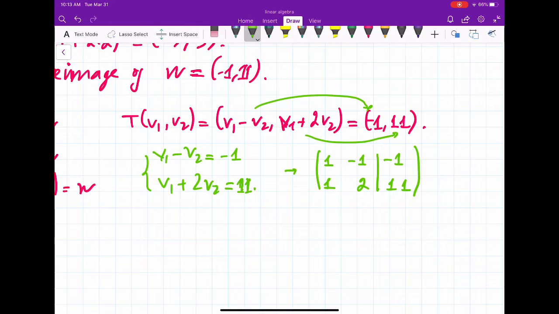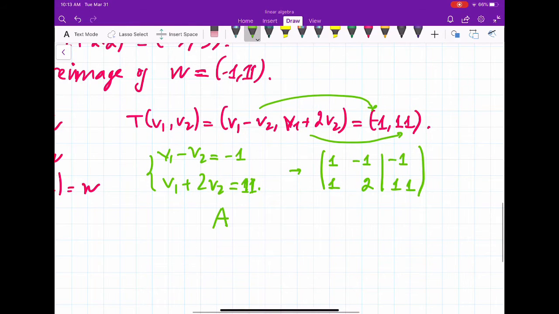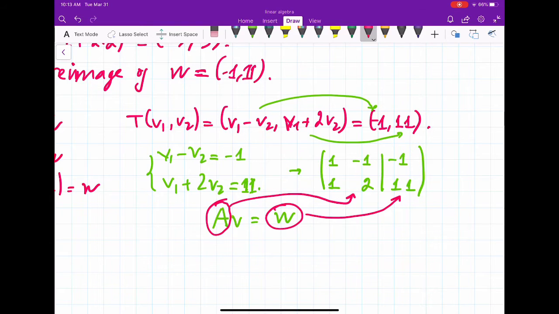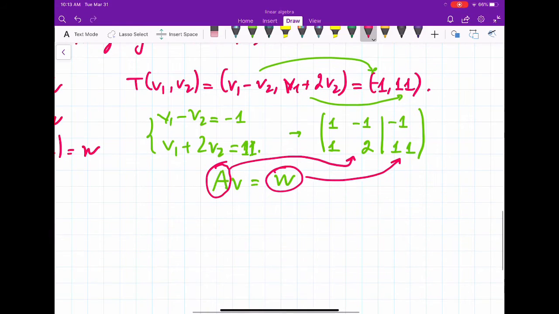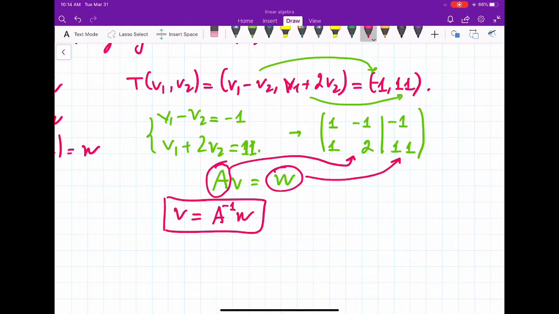This system is AV equal to W, where W is negative 1, 11, A is the matrix 1, negative 1, 1, 2, and V is V1, V2. So solving this, that means you solve for V, and suppose that the matrix is invertible, you have the pre-image. So basically, you need to solve the system of linear equations.